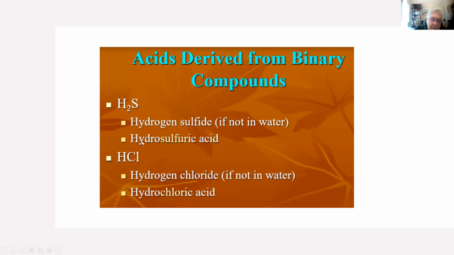Then you say hydrosulfuric acid, and you add the word acid because in solution, these gases are acids. Here you have another example, hydrochloric acid. If it is in gas state, then you say hydrogen chloride. But if it is in aqueous solution, it's an acid.